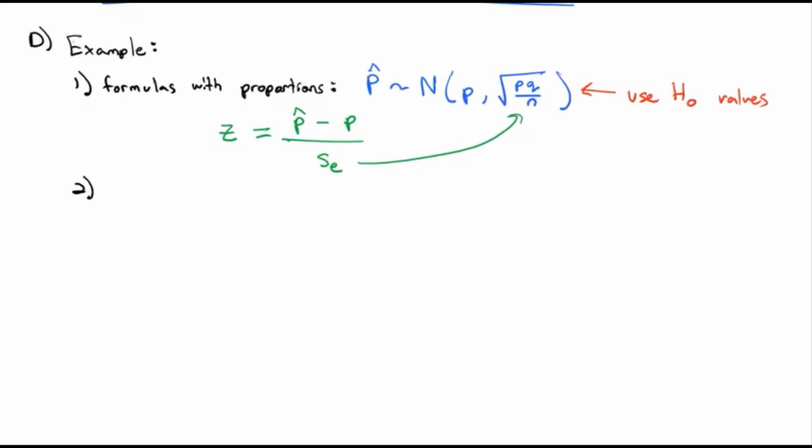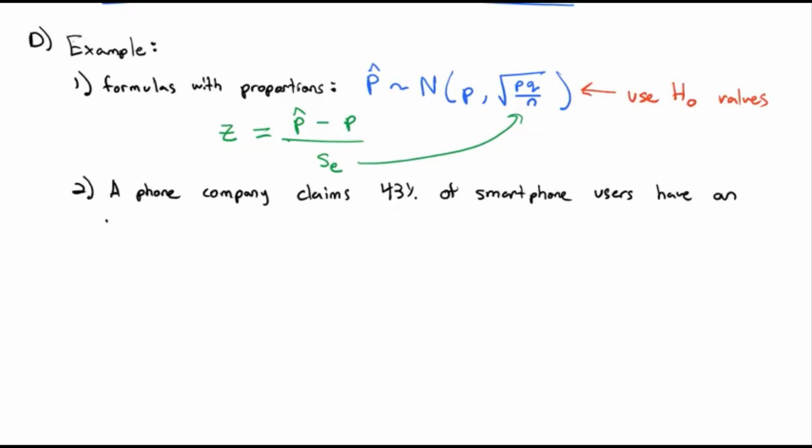So let's try this. Let's say a phone company claims that 43% of smartphone users have an iPhone. But you doubt this claim.